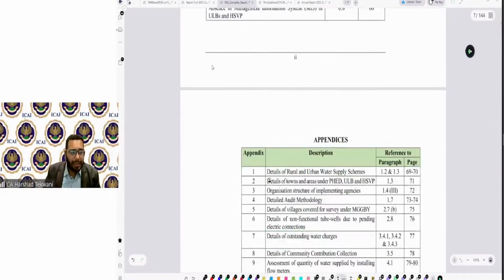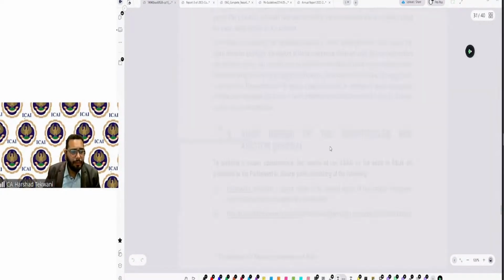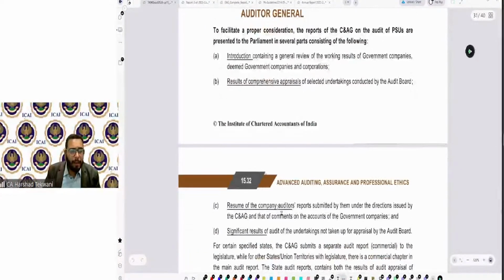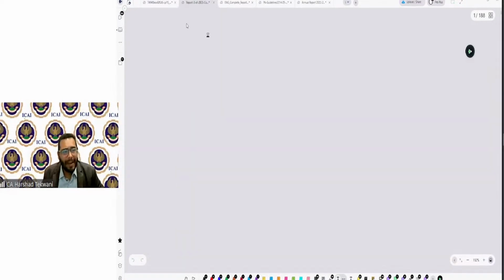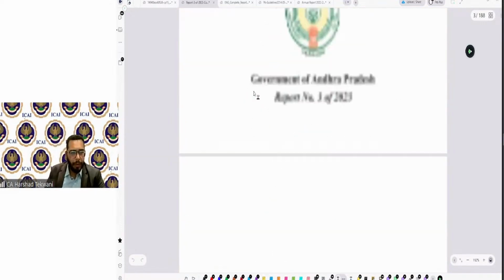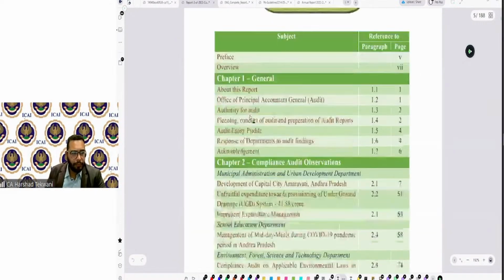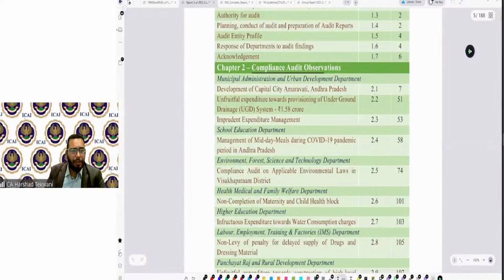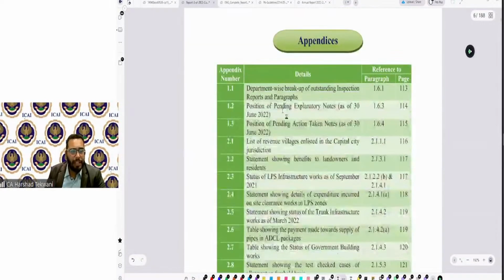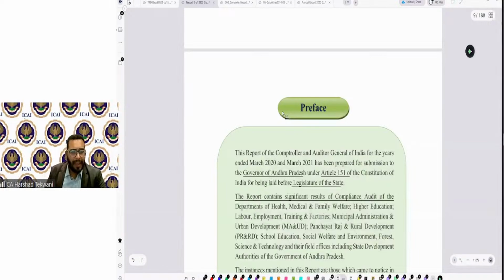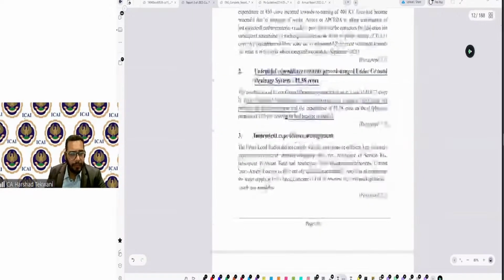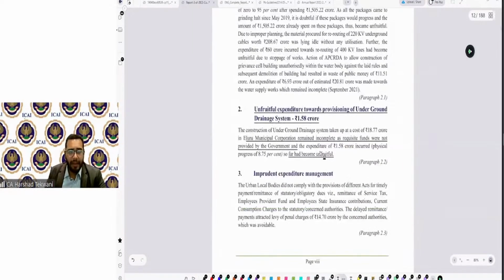Okay. Then the next is the resume of the company's auditor, the report submitted by them under the directions issued by CNAG, that is the comment on the accounts of government companies. Okay. Basically, you will find over here compliance with the audit observations, the kind of detailed observations given here for various public sector undertakings. These are the observations from their individual reports which are submitted to them.